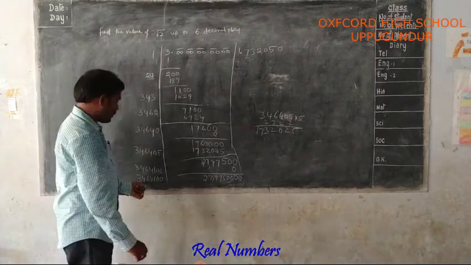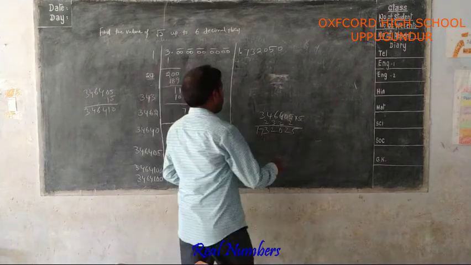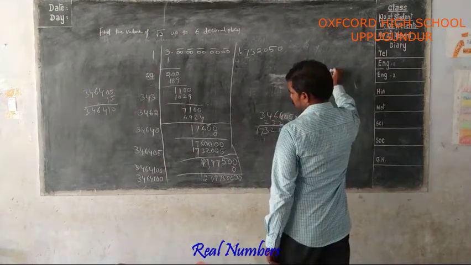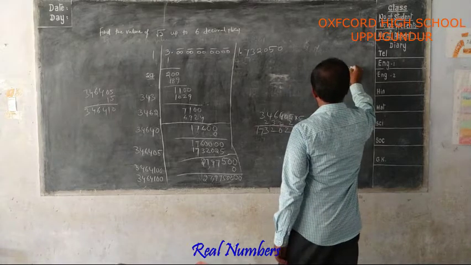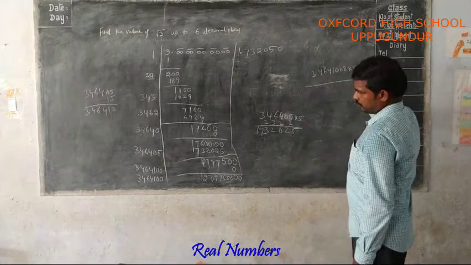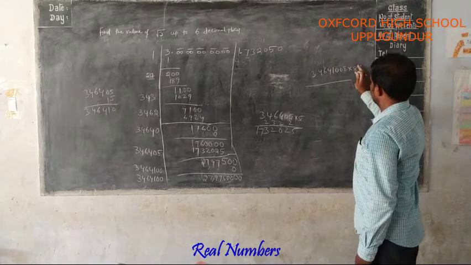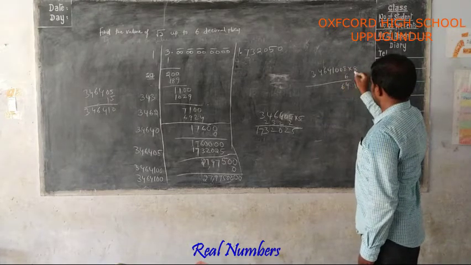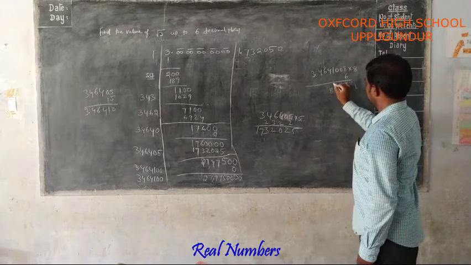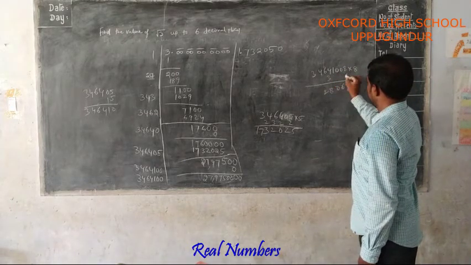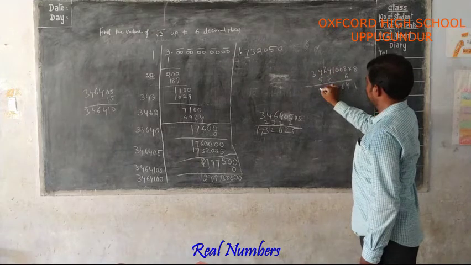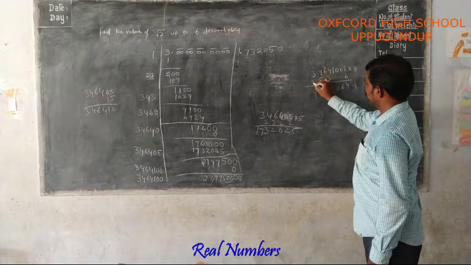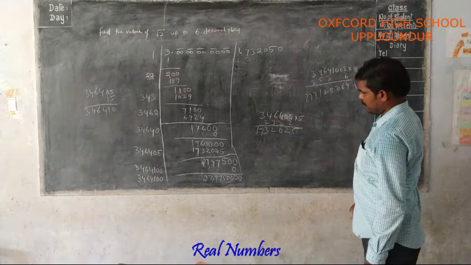So approximately, once you check 8, 3464,100,08 into 8. 8 8s are 64, 8 zeros are 0, 8 zeros are 0, 8 ones are 8, 8 4s are 32, 8 6s are 48, 51, 8 4s are 32 plus 5, 37, 8 3s are 24 plus 3, 27.